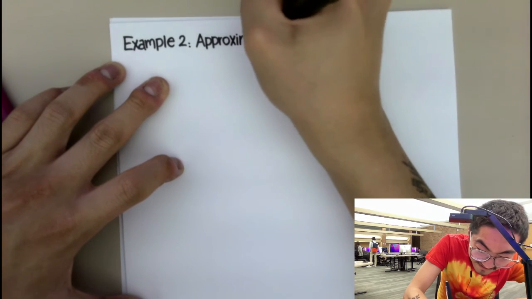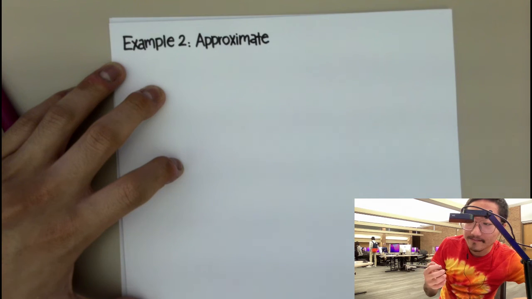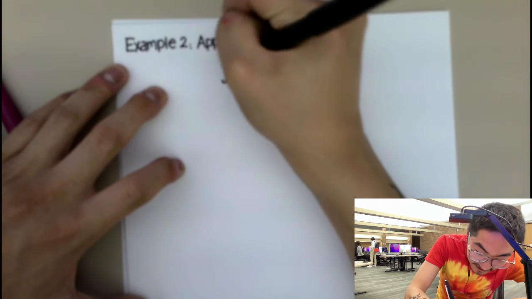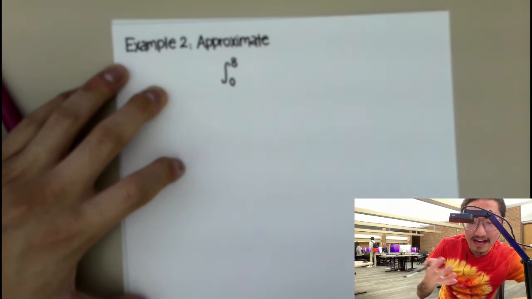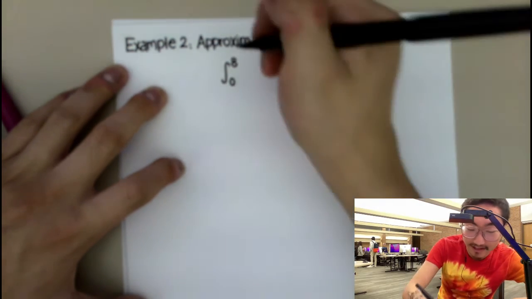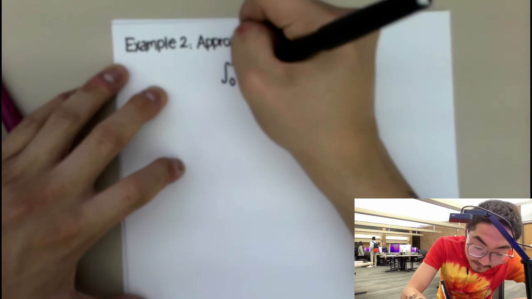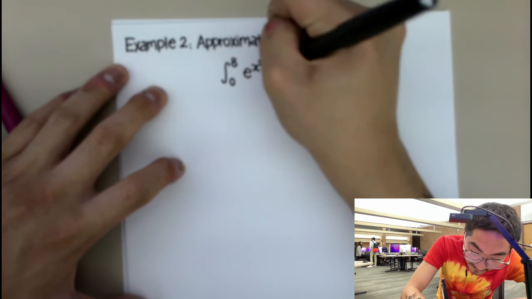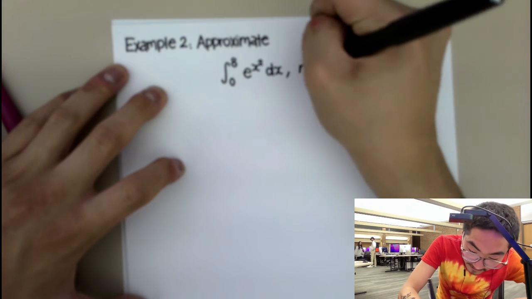This integral goes from 0 to 8, and you just don't know how to compute it: e to the x squared dx with n equals 5.